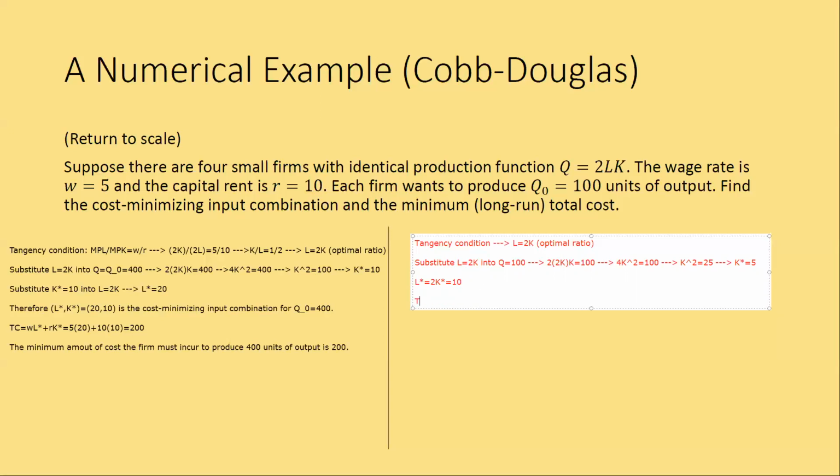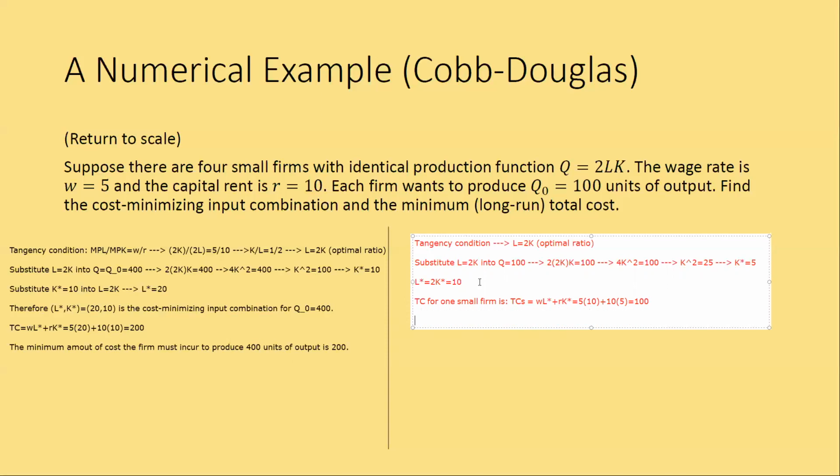So the total cost for one small firm, let's say TC small, equals W times L star plus R times K star, and it is 5 times 10 plus 10 times 5, and it is 100 in this case.